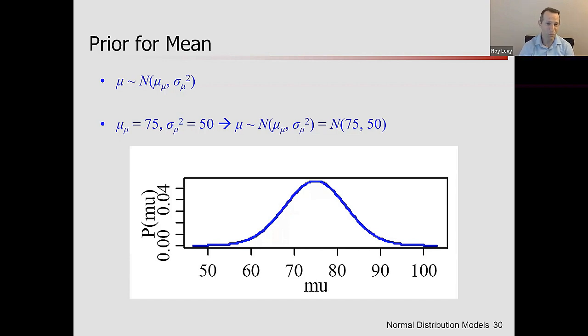If I had different beliefs, like if I thought, there's no way people are going to do this well on the test, I'm going to see scores averaging in the 30s, this would not be my prior distribution. I would use a different distribution than this one. But these were my prior beliefs about what the average test score would be like before I ever saw any of the data. So this reflects my prior thinking about the situation.